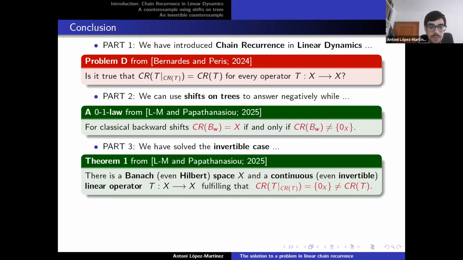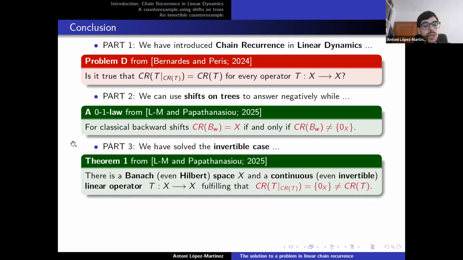And then in part three, we have solved the invertible case with a modification of the backward shift on a tree, which was the very first simple idea that we came up with to solve this problem. And then we have fully proved the theorem that we wanted to prove.